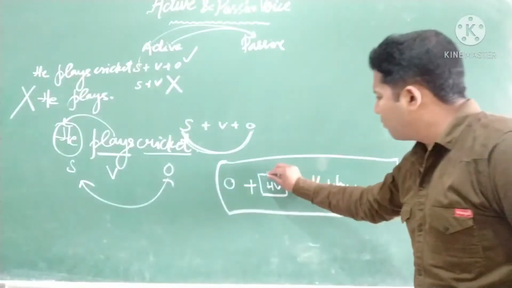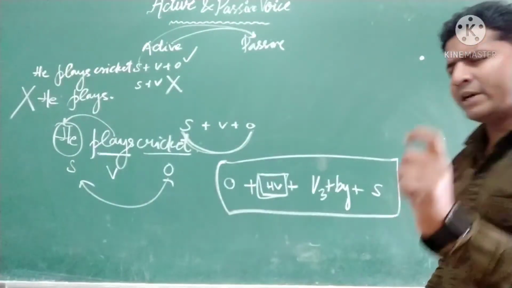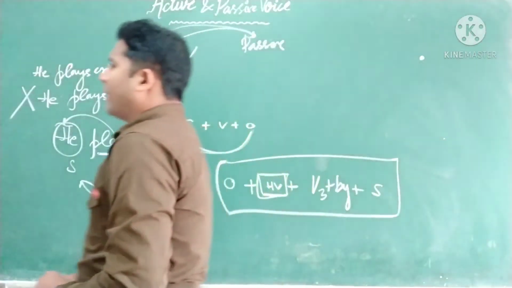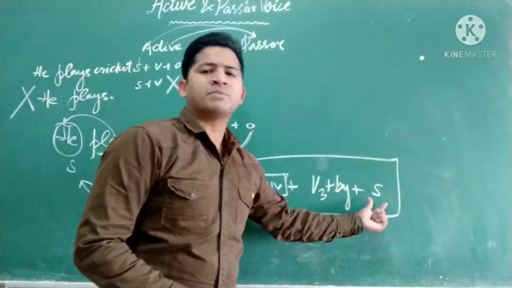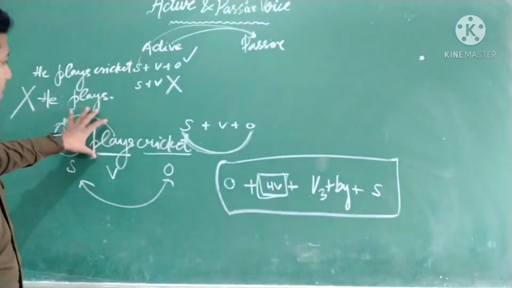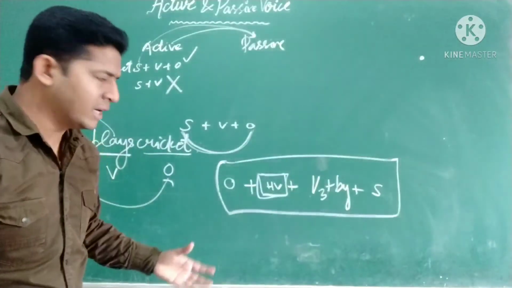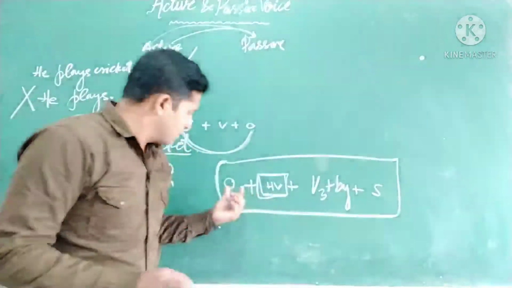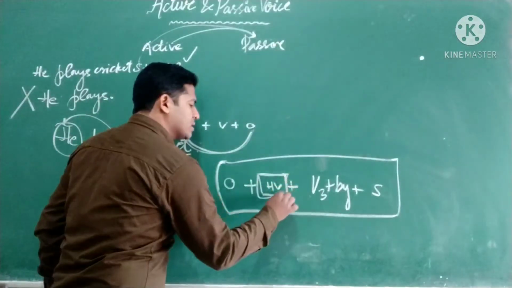If you notice, I have written the helping verb in a box. My dear students, this part, object, verb third form, by and subject, will not change at all for any tense. If the active sentence is in any of the 12 tenses which we have studied, it will not change. It will follow the same structure. The only thing which changes according to tense is the helping verb.